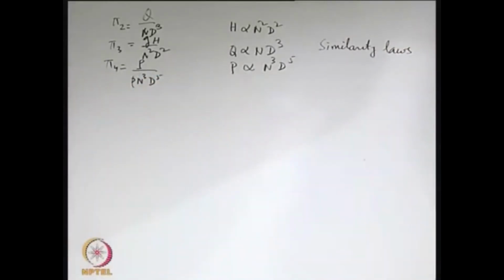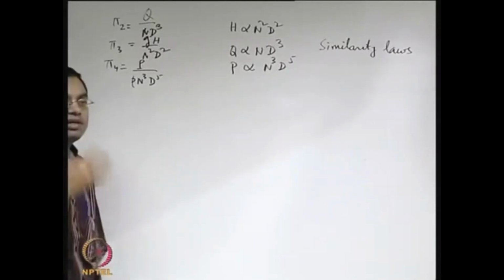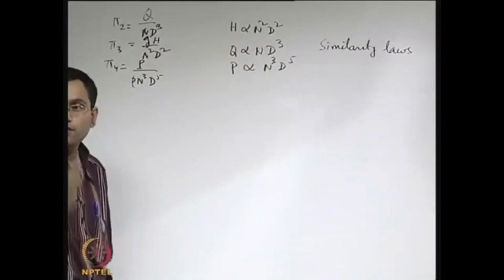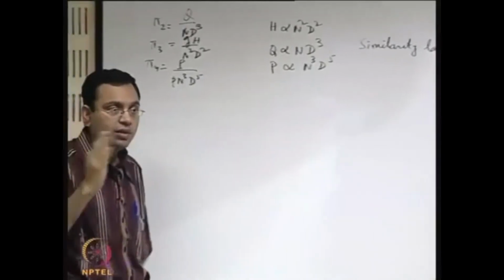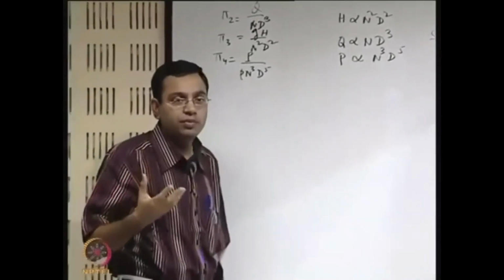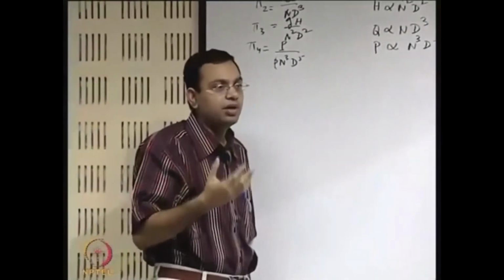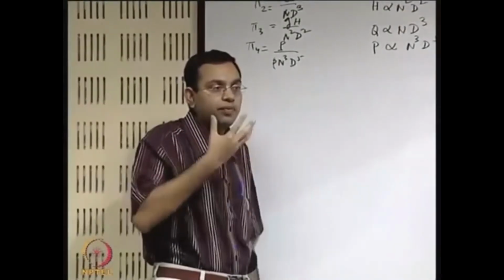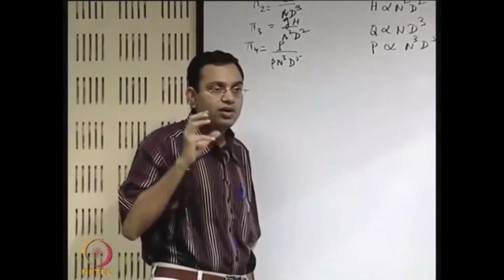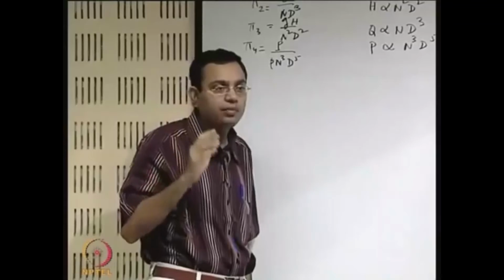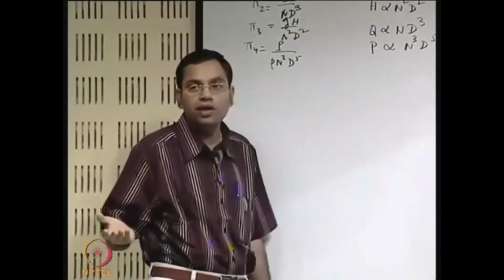Sometimes what you do is you do not change the machine, but you run one particular machine with a different RPM, that is you keep D fixed, but you run it with a different RPM. Many times that is important because if you are doing a performance test, then you are not really running it with a single RPM, but with different possible RPMs.